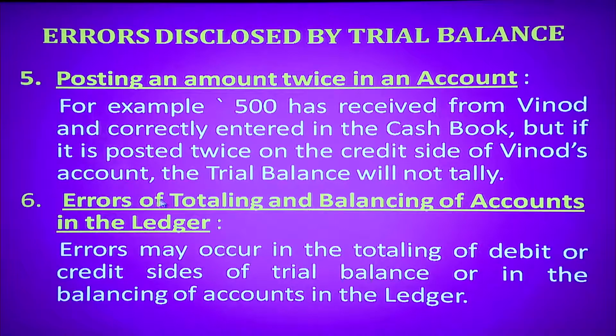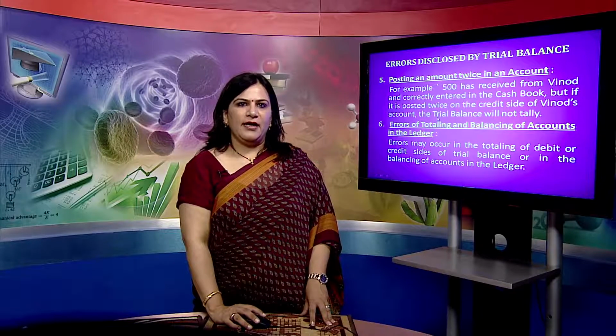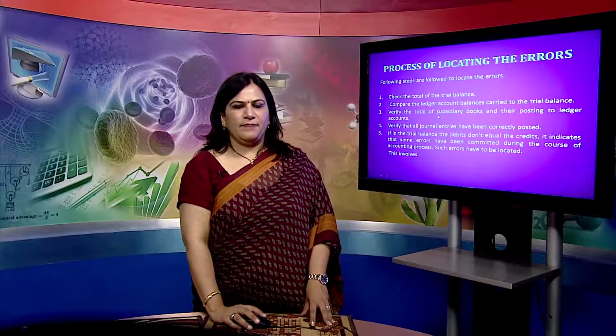Then the next error can be the error of totaling and balancing of accounts in the ledger. The error may occur in the totaling of debit or credit side if the ledger accounts have not been properly balanced, and as a result it is again reflected in the trial balance.